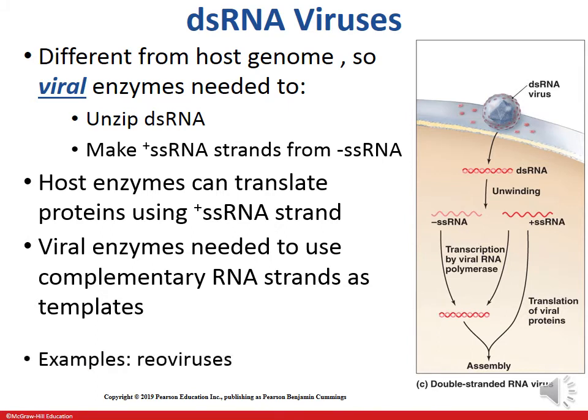So this includes a group that we just refer to as the REO viruses. This stands for respiratory, enteric, orphan viruses. And so these are just sort of a very general group of viruses that have similar symptoms.